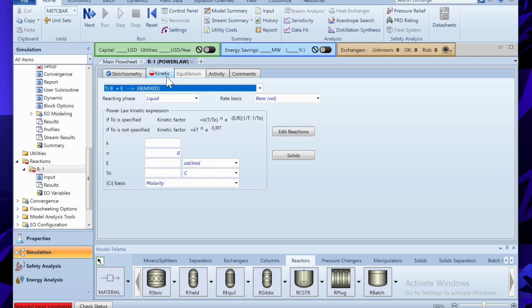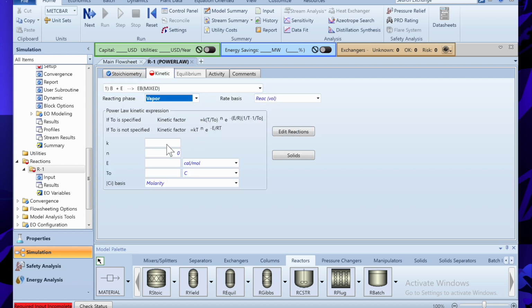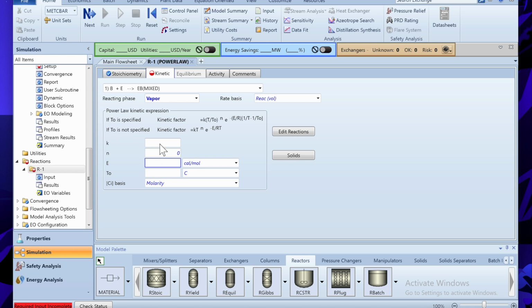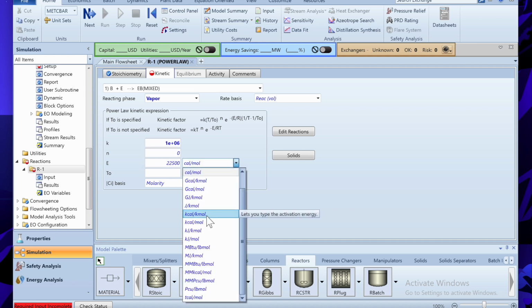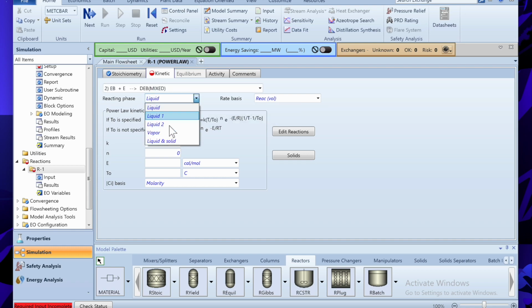So now we have to give the kinetic parameters. These are in vapor phase. So for the first reaction we have 22,500. Okay. We have to take care of the units, these are very important. Next one is DEB.